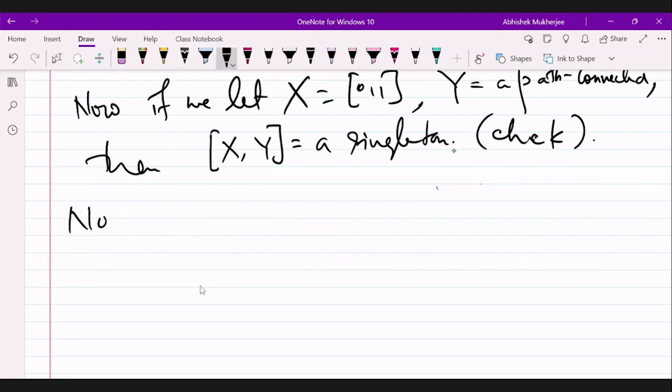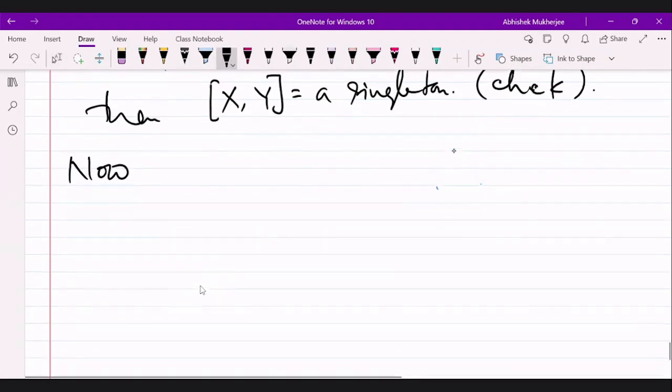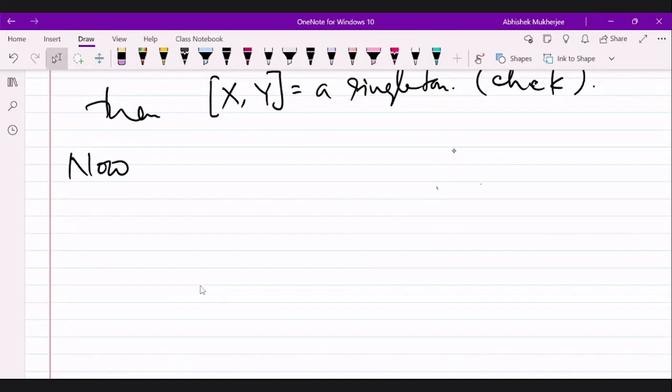Now let us move forward to define what we mean by contractible spaces. Look at the following example.